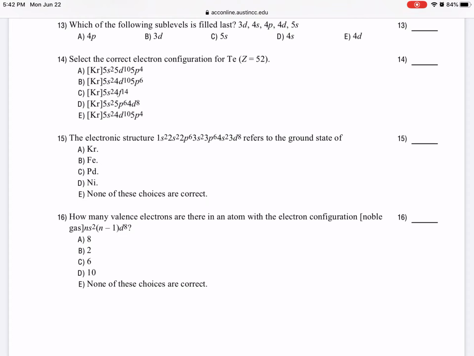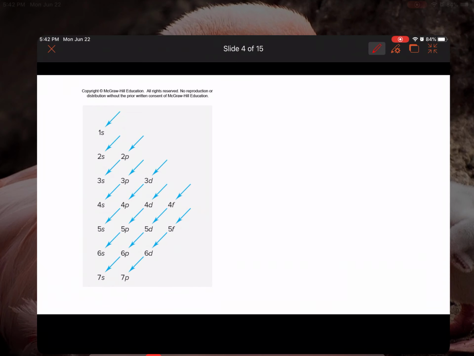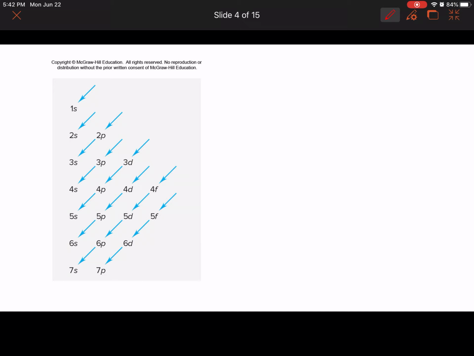The d is going to be 1 less than that. That's why (n minus 1)d8. Let me write it in my PowerPoint. So what's given to us was ns2, (n minus 1)d8. And it is asking how many valence electrons are there in this configuration.